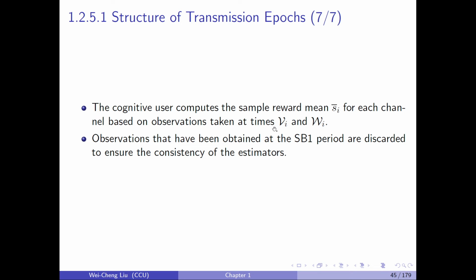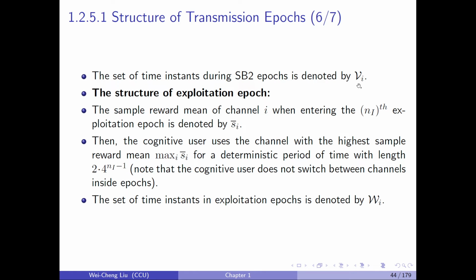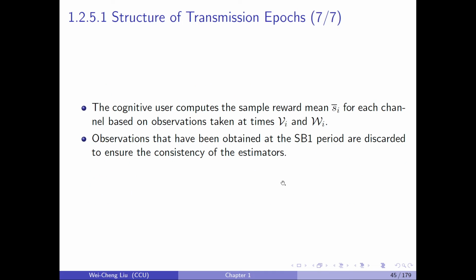Let us review Vi and Wi. Vi is the set of time instants during SB2 epochs, and Wi is the set of time instants in exploitation epochs.